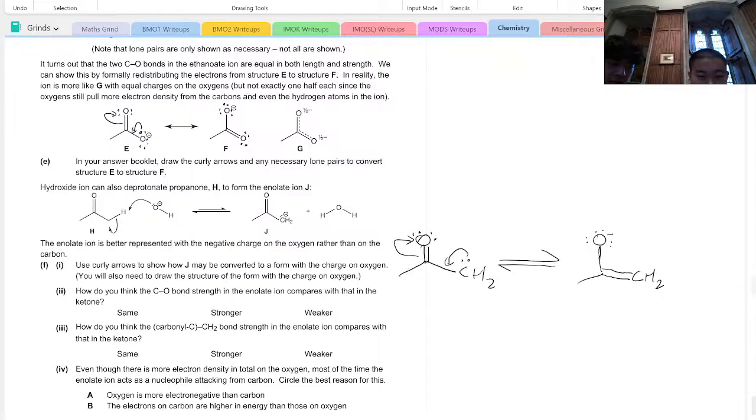How do you think the CO bond in the enolate ion compares to that in the ketone? Wait, this is the ketone, right? Yeah. What do you think?